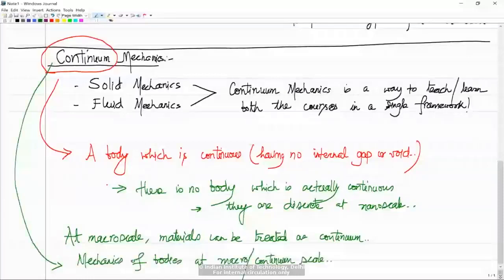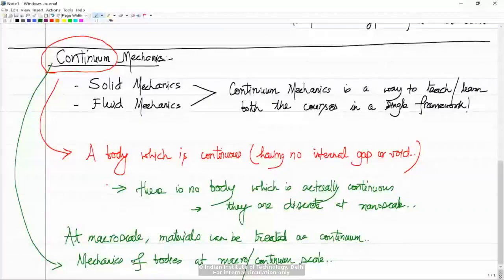I just talked about the nanoscale atoms. Some of you who have taken a material science course would know that at micro scale, for example, there are grain boundaries in the material. Things look so smooth at the naked eye scale, but at micro scale you start seeing grain boundaries.